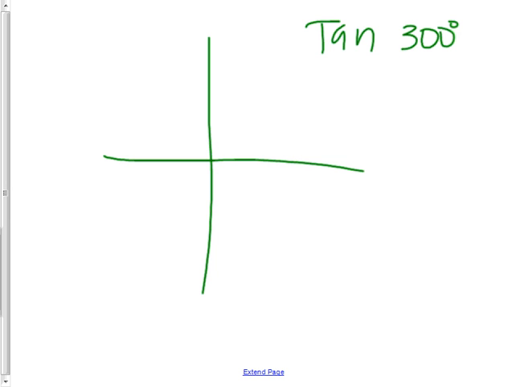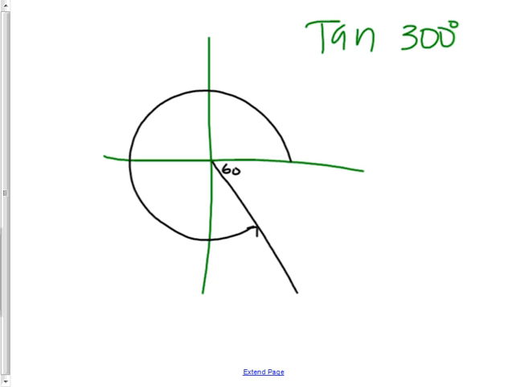Okay, so I hope you had a chance to compare and come up with an answer that looked kind of like this. Here's 300, leaving 60 left, right there, right? So then, how long are the sides? Can you tell? Well, yeah, you can, because it's a 60. That means this must be a 90, and this must be a 30.